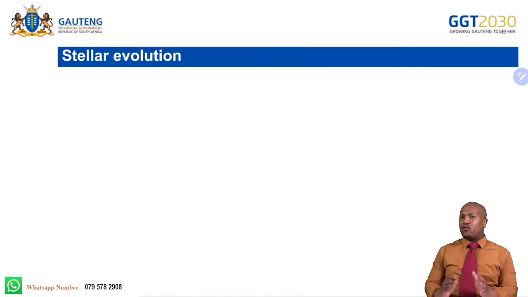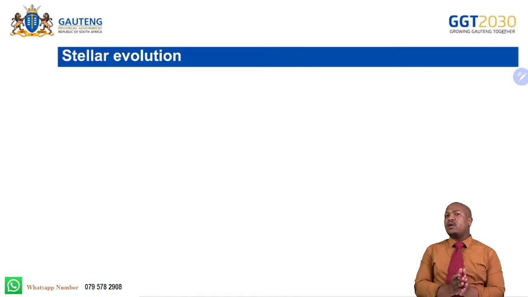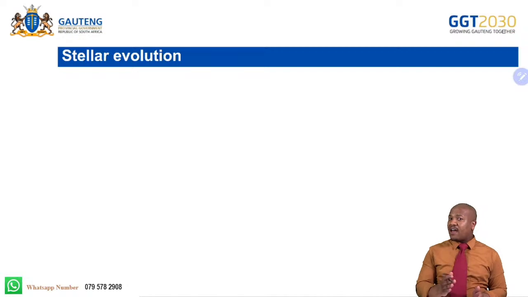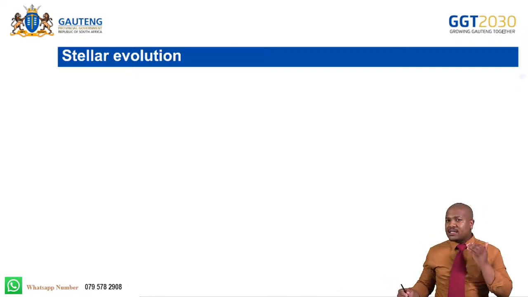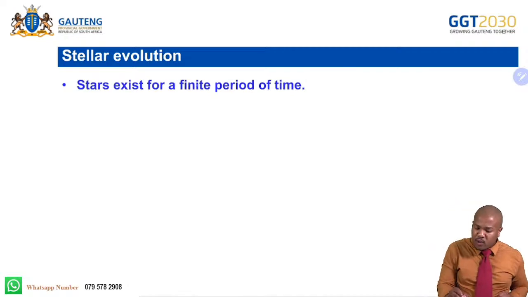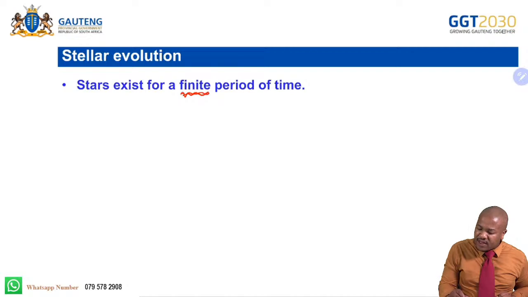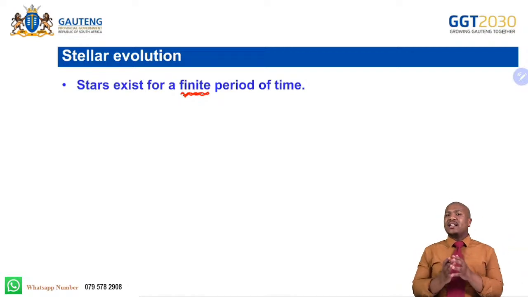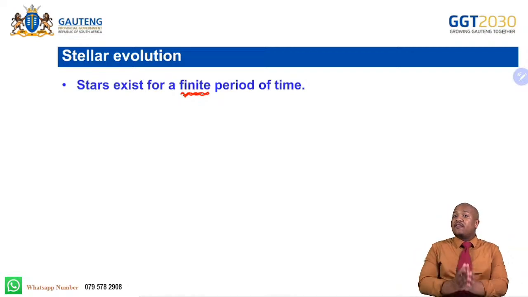Now, stellar evolution. We said that stellar evolution is the birth, the life, and also the death of stars. So it means what? Stars exist for a finite period of time. What do we mean when we say a finite period of time? We mean that stars are living for a certain period of time or to a certain extent.